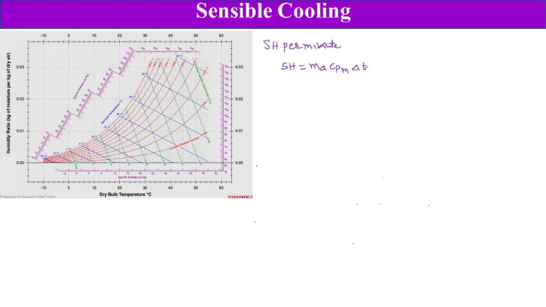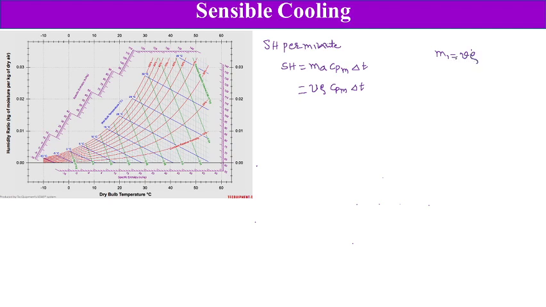So delta T means TD1 minus TD2 or TD2 minus TD1. So this can be written as, again, Ma can be written as specific volume V into rho into CPM into delta T. So that is nothing but, here mass is equal to specific volume into density.